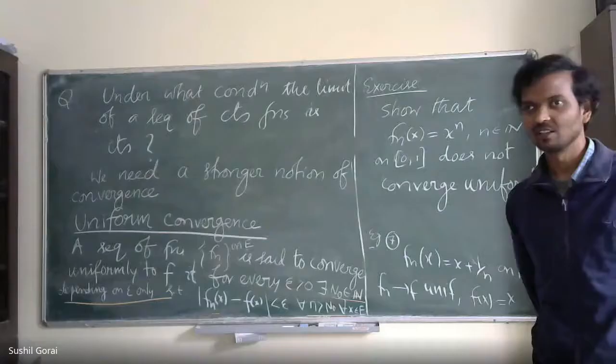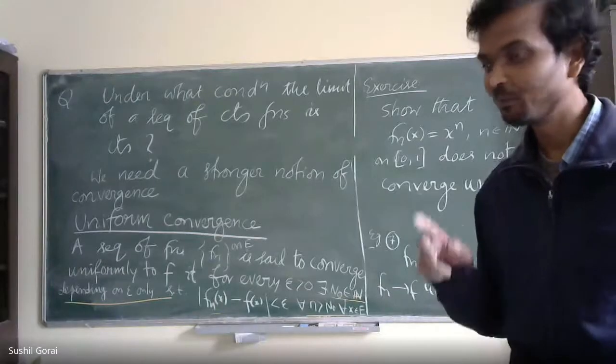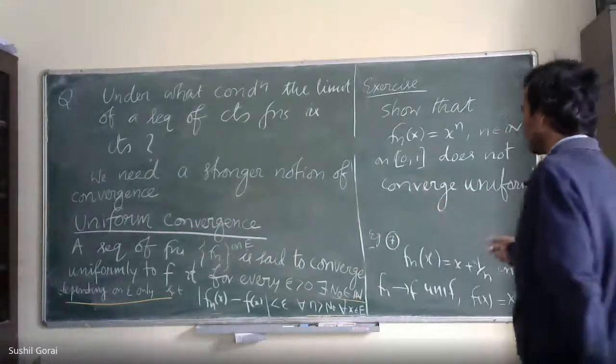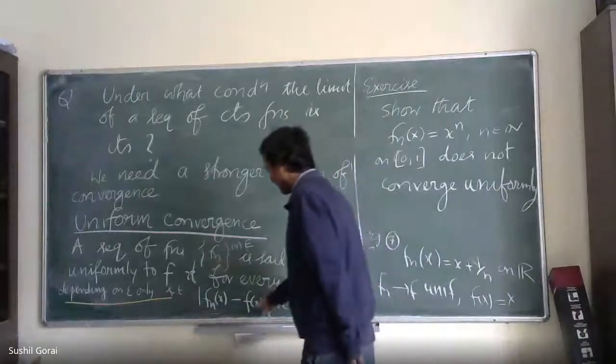Sir, the basic difference between pointwise convergence and uniform convergence is that in pointwise we do not specify that the function should be the same for the entire domain. The function that it converges to may or may not be the same for the entire domain in pointwise, whereas in uniform convergence it should be the same. No, the difference lies here.